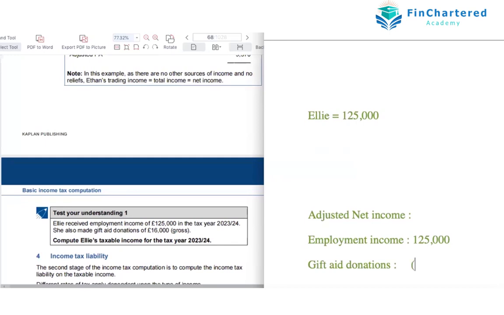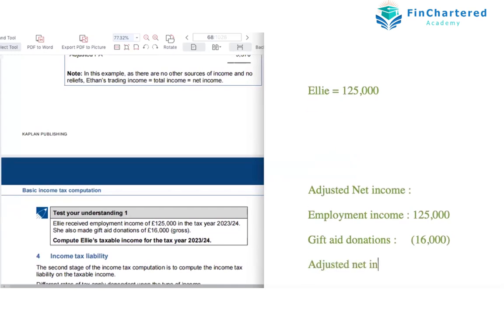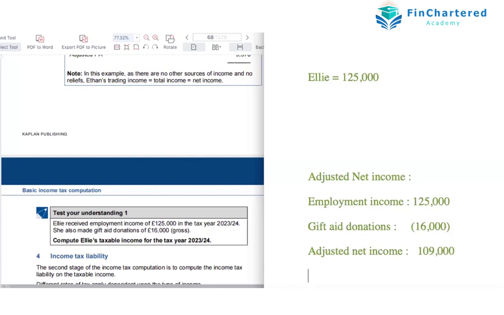Her gift aid donations are 16,000 to get the adjusted net income. So how much is her adjusted net income? 109,000. Basically 125,000 minus 16,000, 109,000.